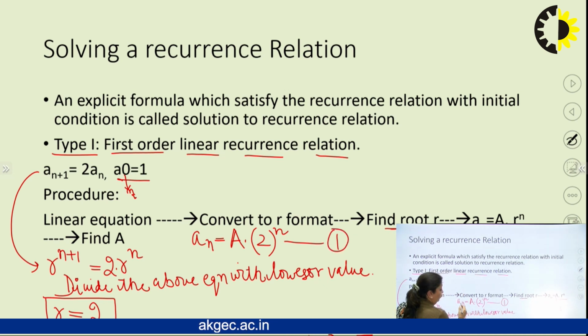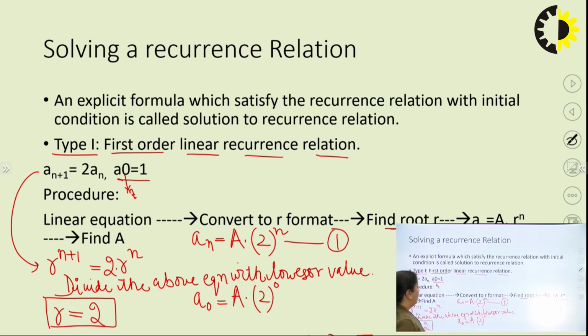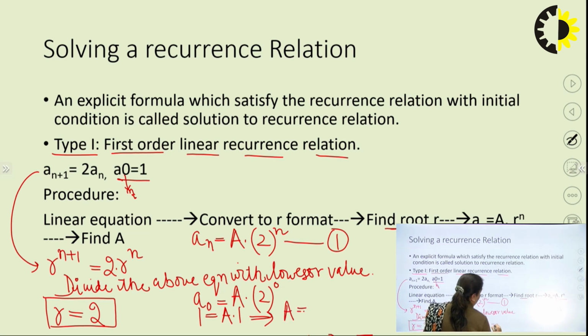So, in place of n, I will substitute 0. So, I will get a_0 is equal to capital A, I do not know the value, 2 to the power 0. Now, the value of a_0 is nothing but 1. So, 1 is equal to A into anything to the power 0 is 1. So, I directly get that my A is equal to 1.